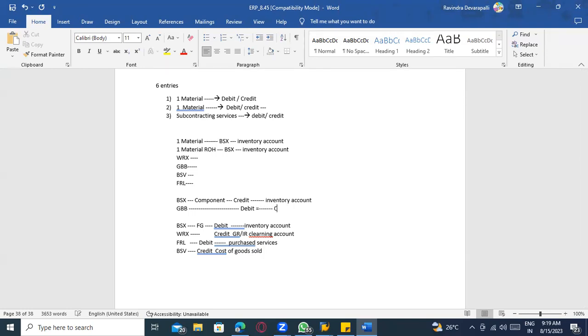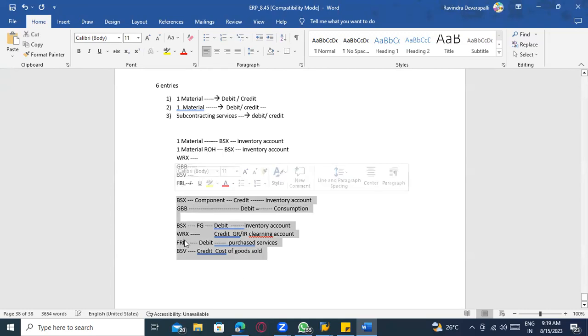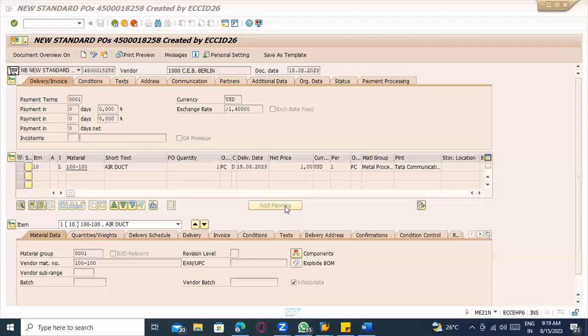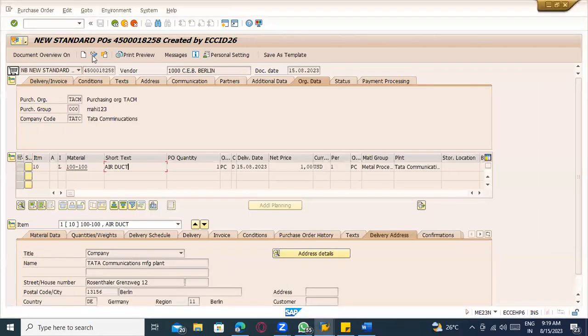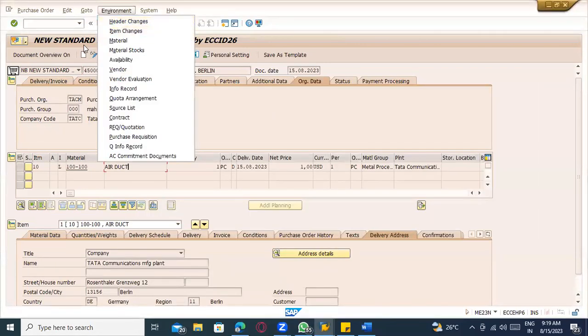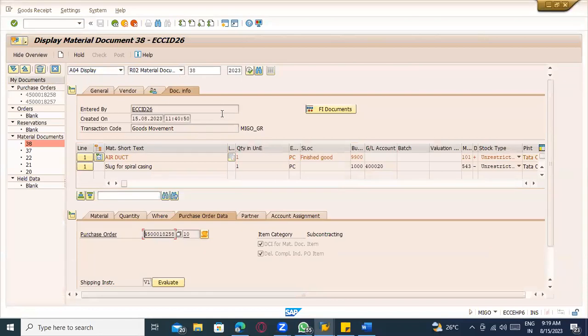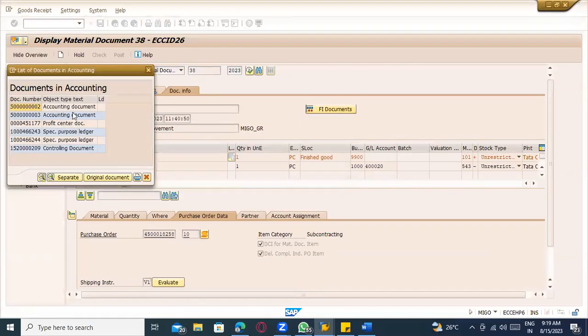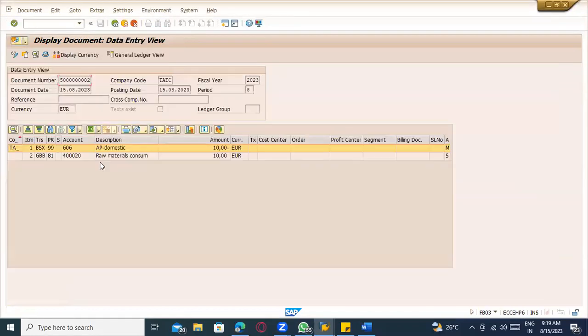So why is it required? Why do we need this GBB, BSX, WRX? Because based on this, with respect to GL accounts, the stock will be posted. If you see here, the stock will be posted. I just go to the FI documents. With respect to the GL account, it is mapped.